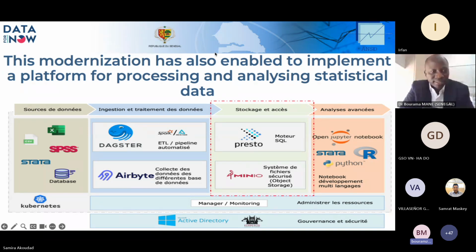The first step is the ingestion and processing using open source software like Dagster, and for the storage and access of all the data, we have used MinIO configured with our Active Directory server, which allows all users to access the data.